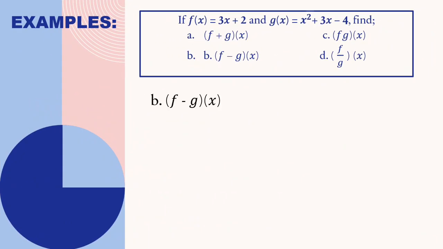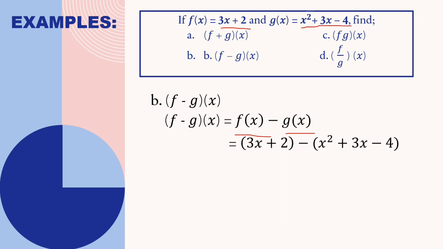Okay, for letter B, we're going to find f minus g of x. f minus g of x is equal to f of x minus g of x. So the value of our f of x here is 3x plus 2, and g of x here again is equal to x squared plus 3x minus 4.